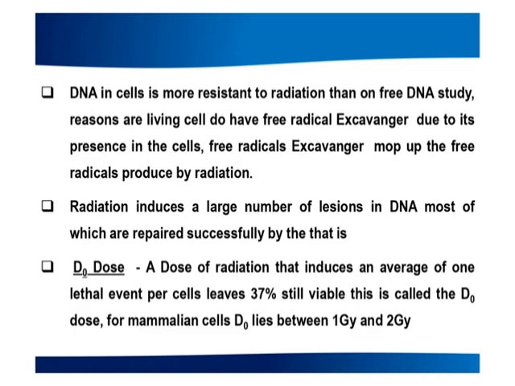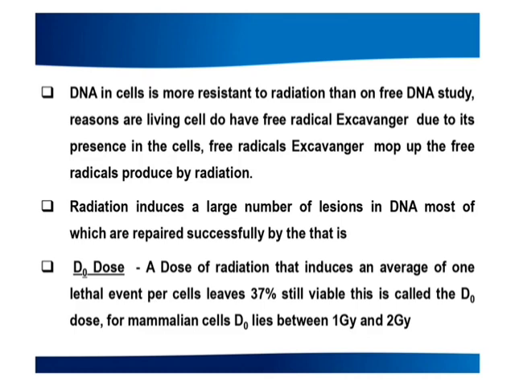So let us define what the D0 dose is. A dose of radiation that induces an average of one lethal event per cell, leaving 37% still viable cells. That is called the D0 dose. The D0 dose in mammalian cells is usually between 2 to 3 gray. As the slide shows 1 to 2 gray, it is basically 2 to 3 gray.